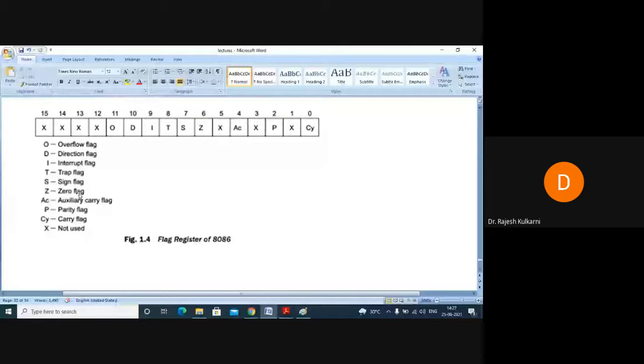Next you have the auxiliary carry flag. Auxiliary carry means what? Again, it is only carry.